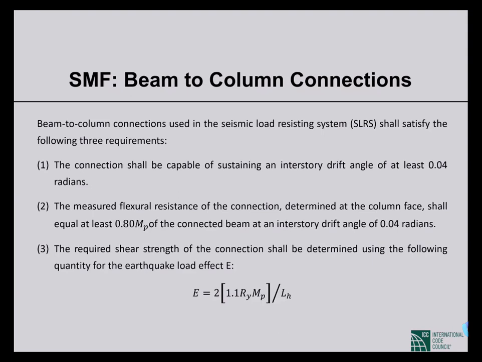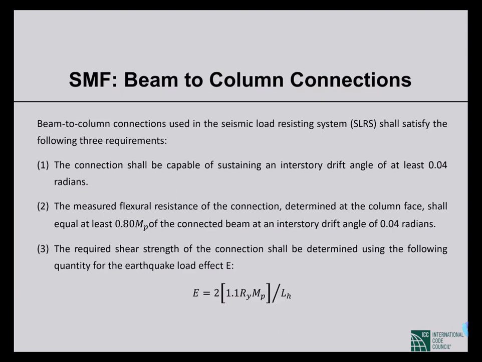Beam to column connections used in the seismic load resisting system, SLRS, shall satisfy the following three requirements. The connection shall be capable of sustaining an interstory drift angle of at least 0.04 radian.